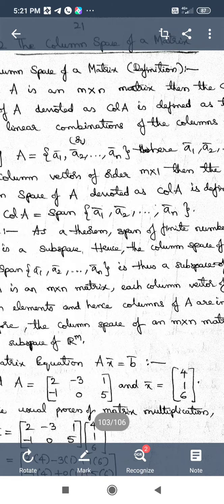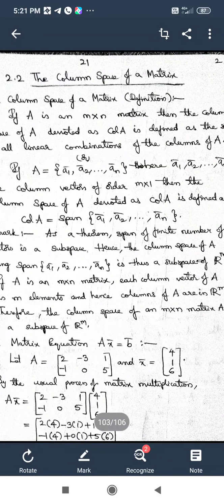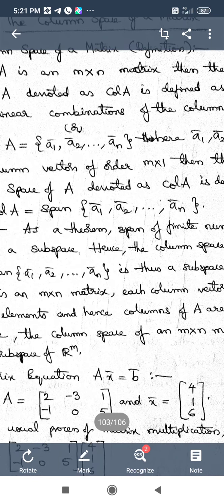With the knowledge from the previous classes, we can say that the span of a1, a2, so on, an is nothing but the set of all linear combinations of the vectors a1, a2, so on, an.